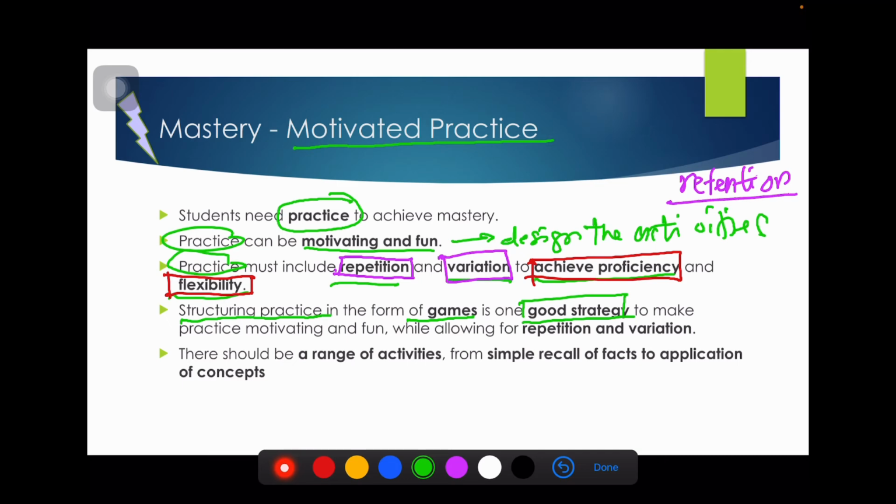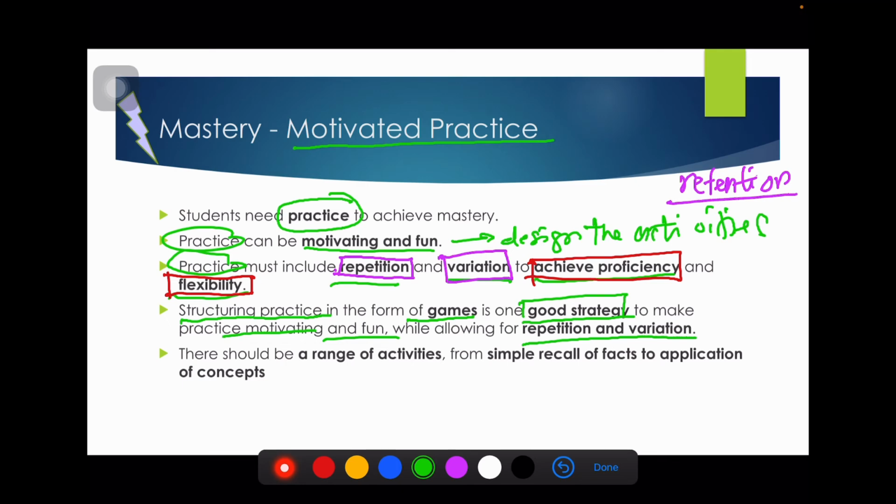It makes practice motivating and fun, and allows for repetition and variation. If you have played an online game, you would know that to reach a certain level, you have to try again and again and again. So that is the repetition.